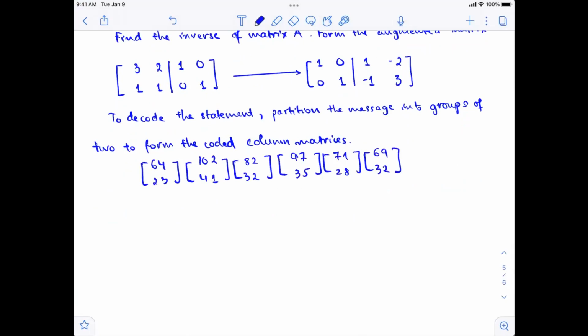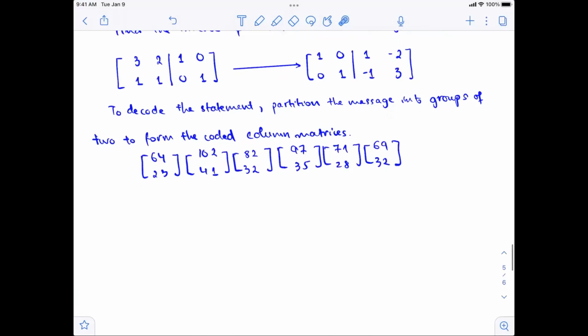Okay, you partition the cryptogram that you receive into groups of 2 to form the coded column matrices, right? And then you apply the inverse matrix on these column matrices by using matrix multiplication.